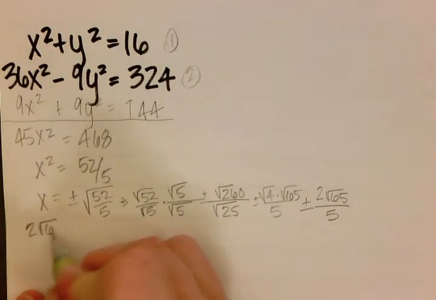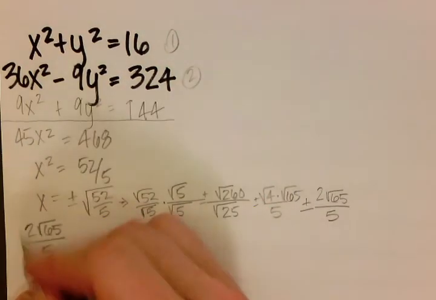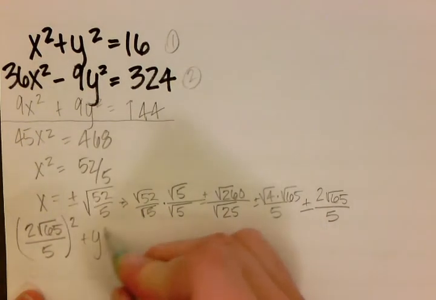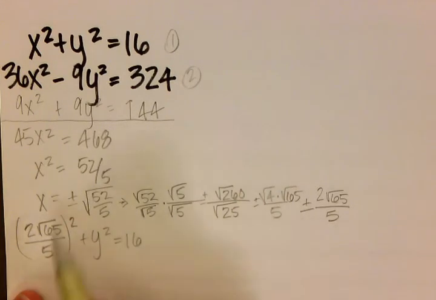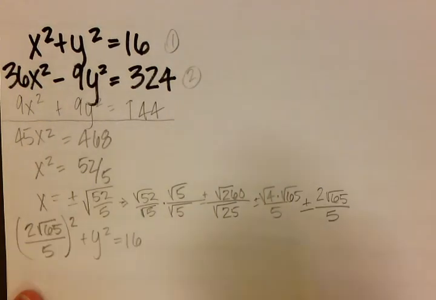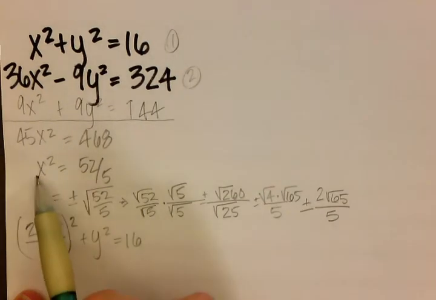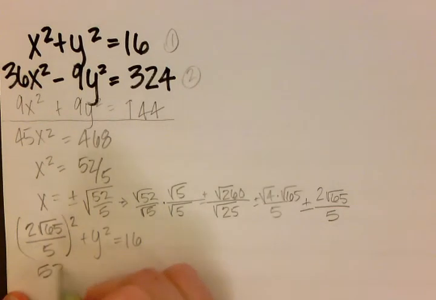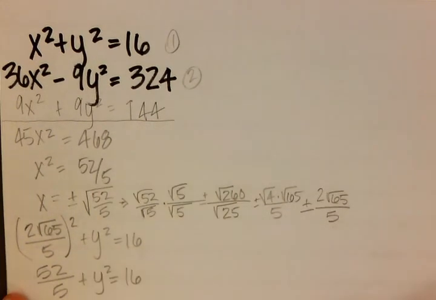Remember, we're plugging it into equation 1, so x has to be squared there, plus y squared equals 16. Now, if x is 2 square root 65 over 5, we have to square it. We already know that x squared equals 52 over 5, so we're immediately going to move into 52 over 5 plus y squared equals 16.